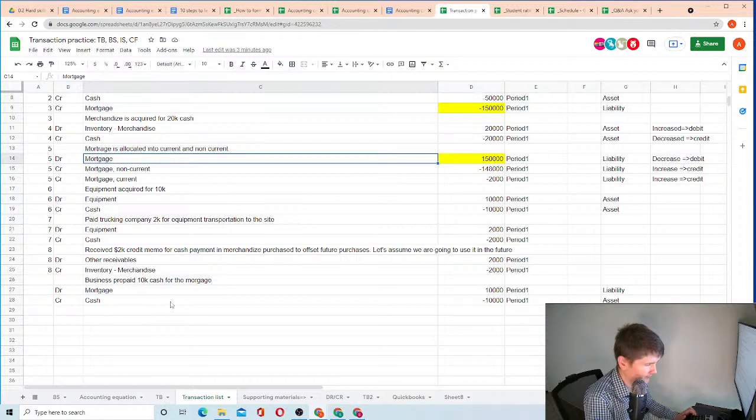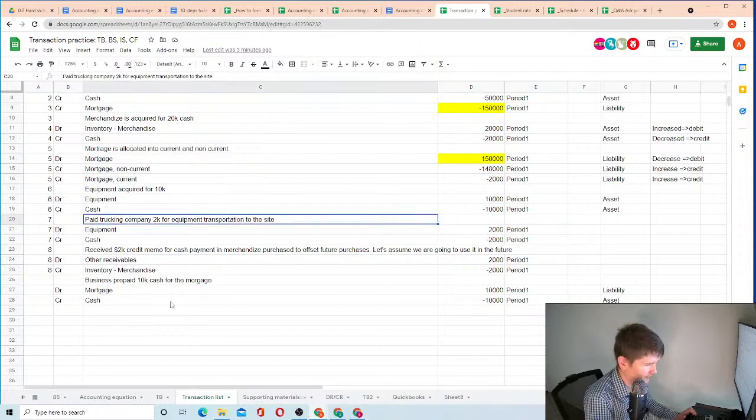Learning that will require some practice, but it is what it is. Something that looks obviously like an expense, sometimes isn't. So let's see.